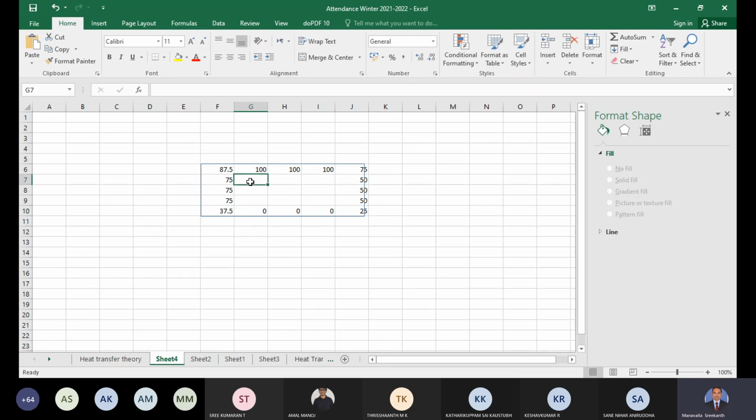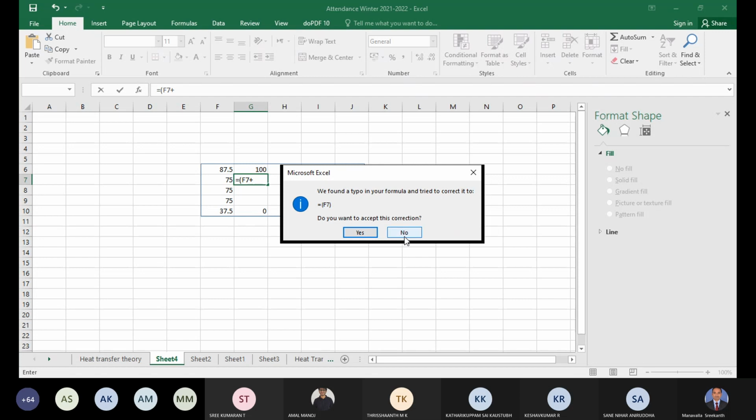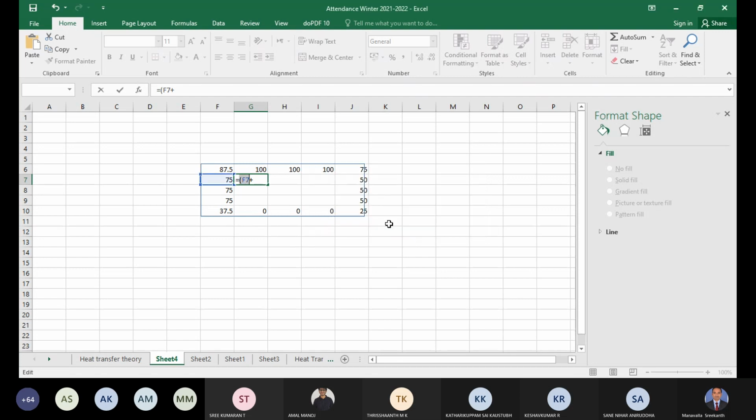Now we have to find out these values. So this temperature is basically an average of this, this, and this. So I will say it is equal to this plus this plus this plus this.